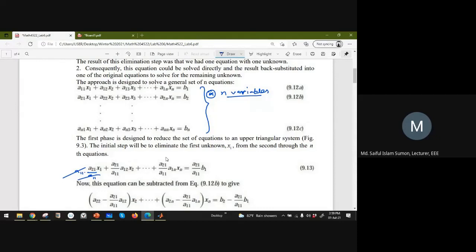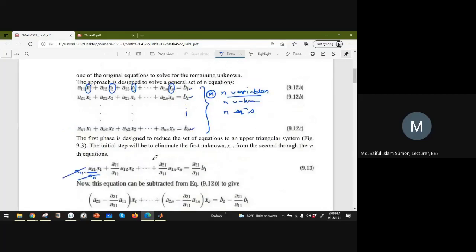N equations are needed. You can see 1, 2, 3 like this. We have n equations, as there are n variables: x1, x2, x3, up to xn. There are n variables, that means n unknowns. Also, there will be n equations.